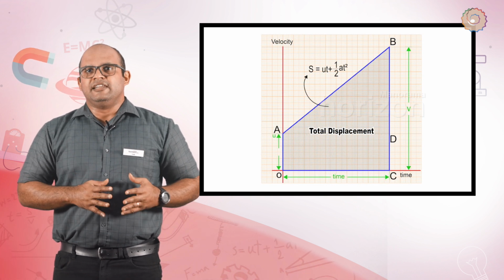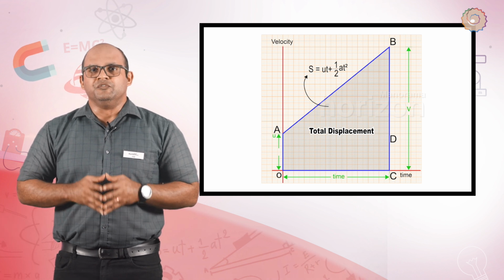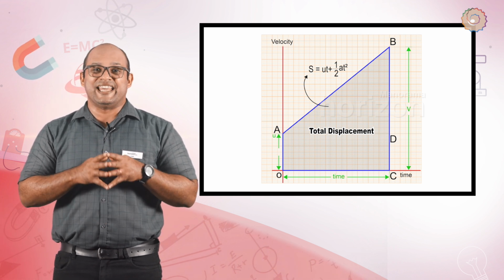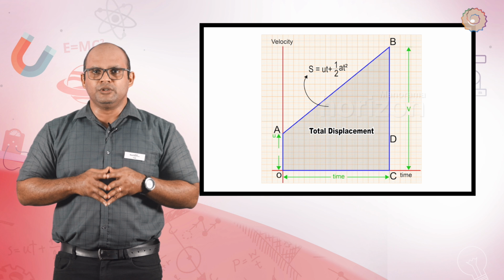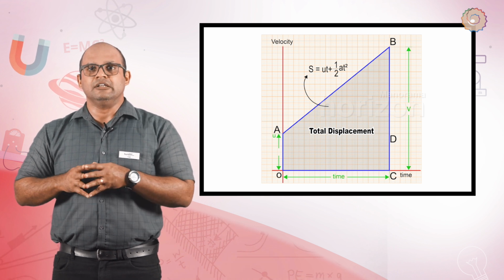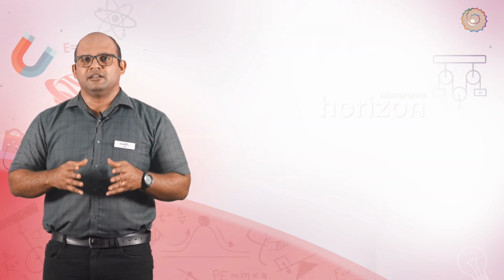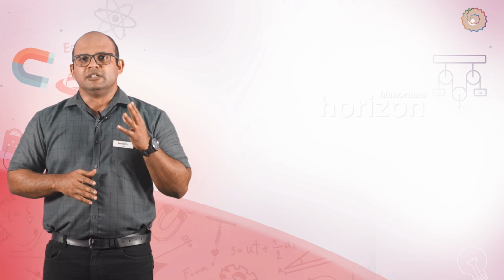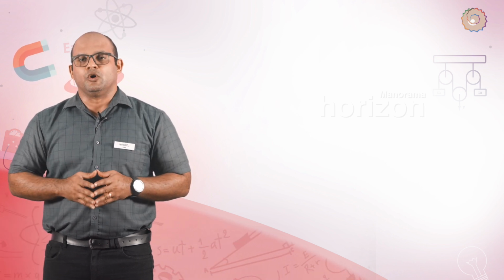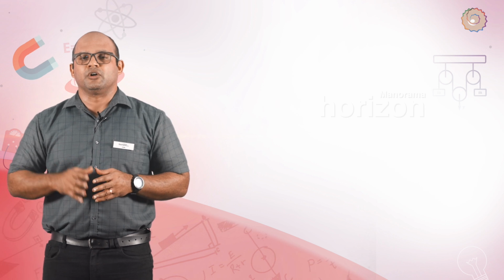Substituting all the values that we have discussed so far, we get displacement, which is s, is equal to ut plus half at squared. We are now in a position to see the relationship between displacement and velocity, or position and velocity, for a uniformly accelerated object.